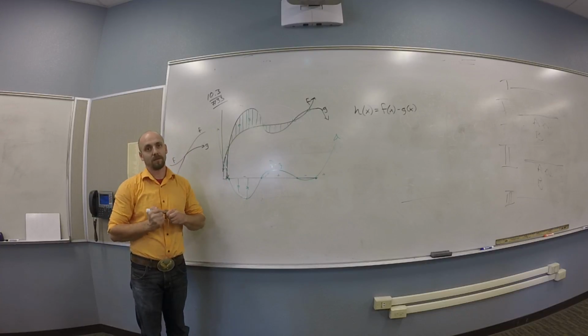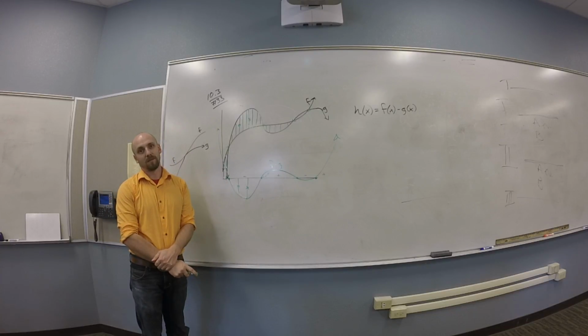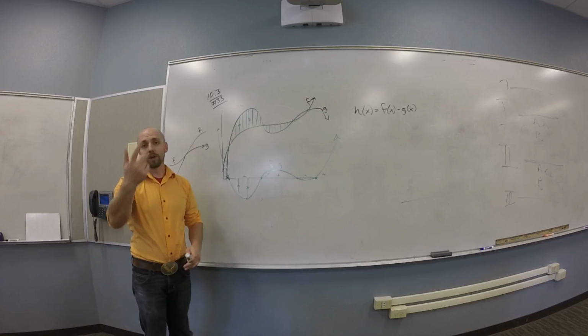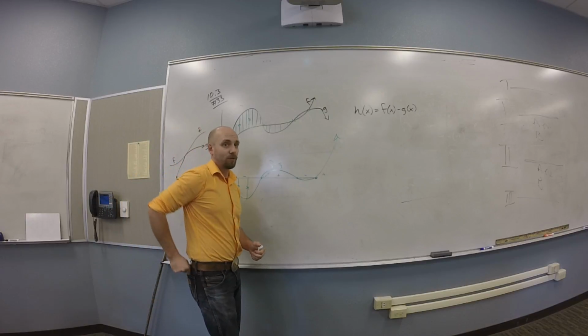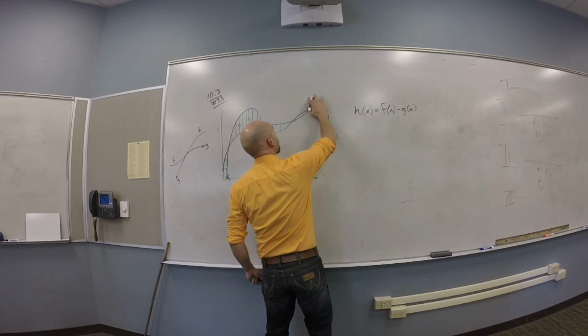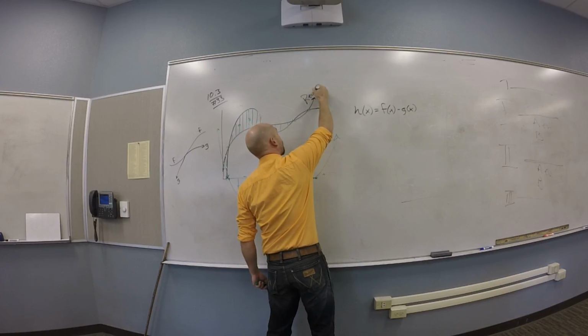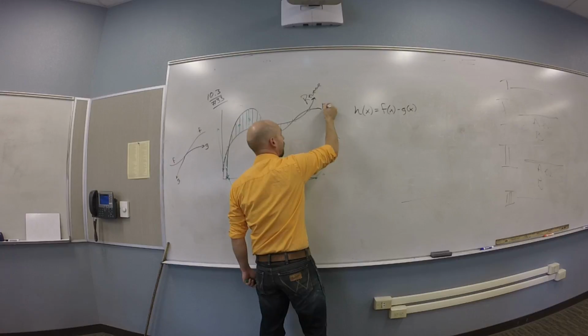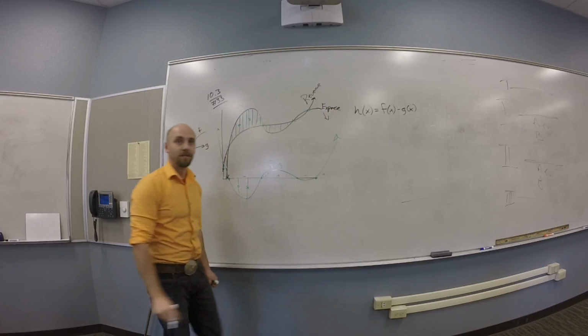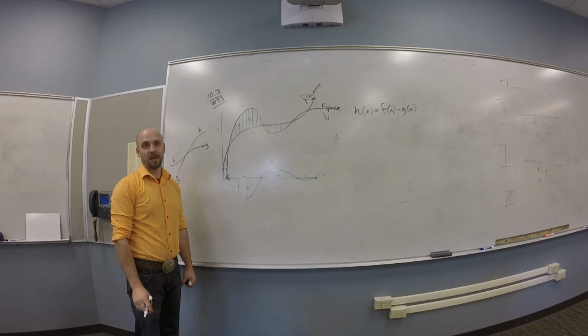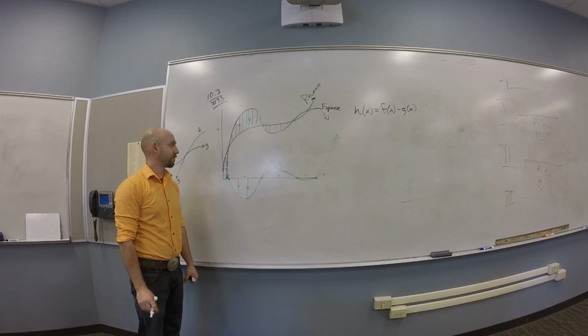So let's say we're using that in the real world. A good real world example of this would be if we took our revenue and subtracted our expense. You have revenue minus expense, what is that? Profit.